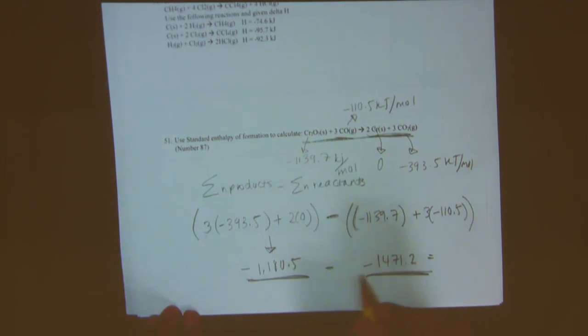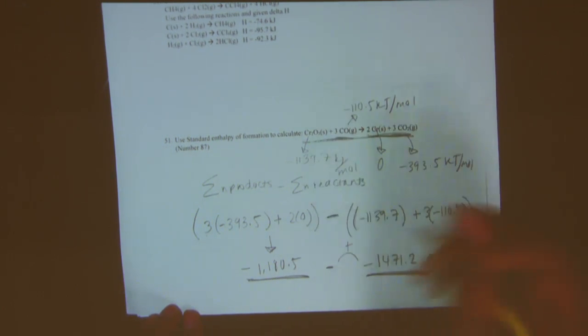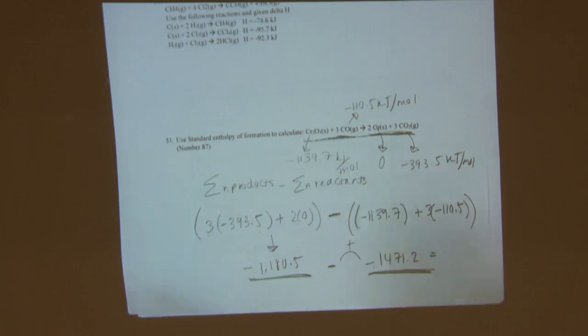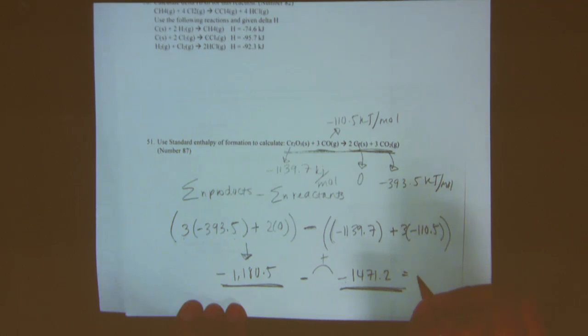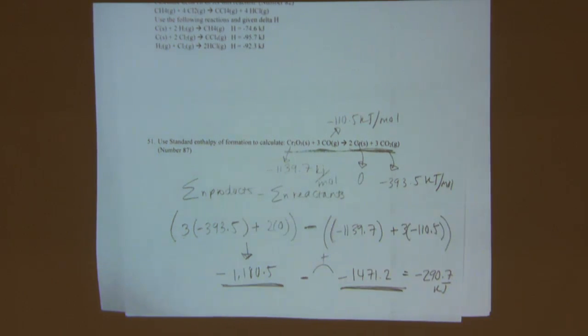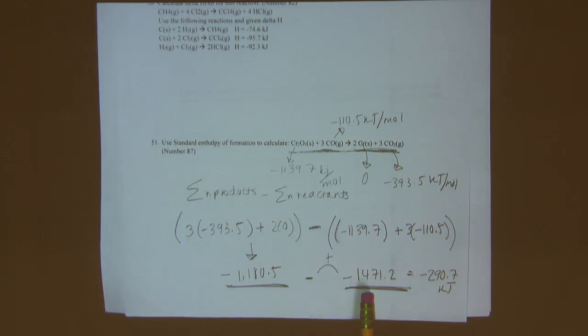We know that a negative and a negative becomes a positive. Can someone tell me what this answer would be? Thank you. Negative 290.7 kilojoules. Does everyone agree with that? Anyone disagree? Okay, so we're saying it should be positive, because we have a lower number here and a higher number here.